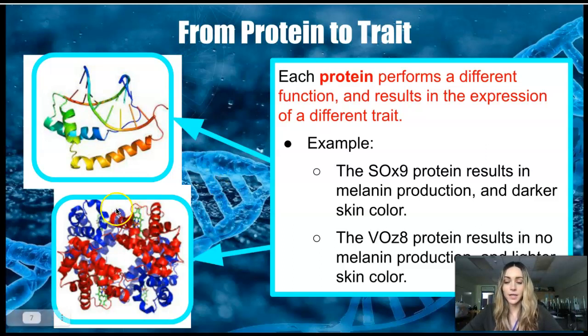On the other hand, if their cells read a code to produce the VOZ8 protein, this is a protein that results in no melanin being produced, hence the person will have a lighter skin. So we can see here that the type of protein that is made, which we remember is based on the genetic code on that gene, determines the trait that we will see in the organism.